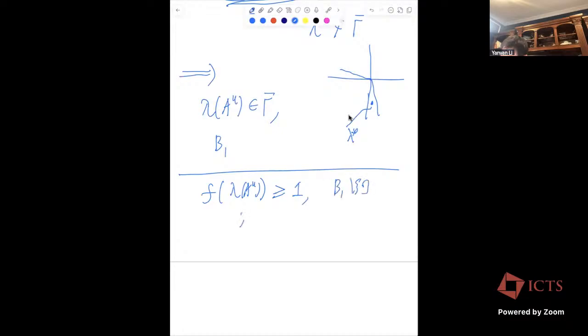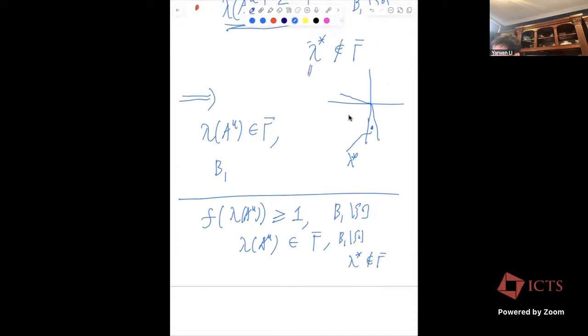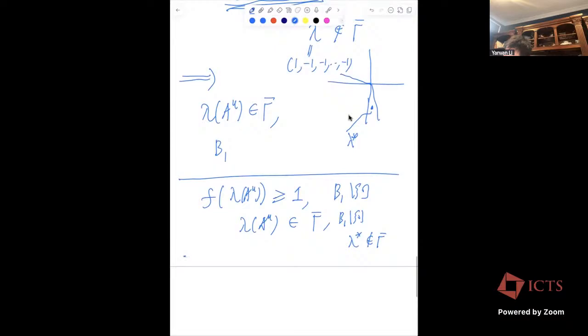And again, you have lambda of A_u belongs to gamma bar in B1 minus 0. And this lambda star is not in gamma bar. So the lambda star by definition is as defined. So in that case, we can extend the super solution across.